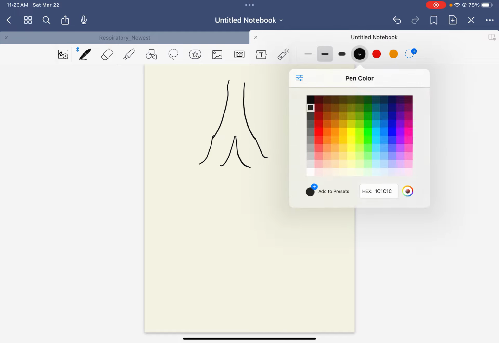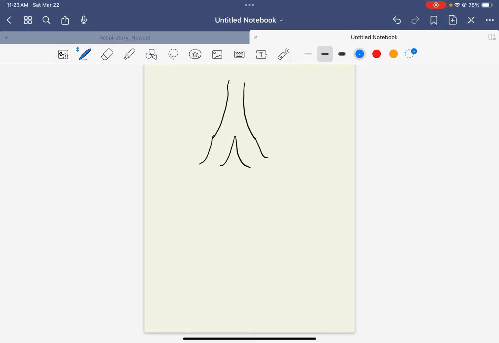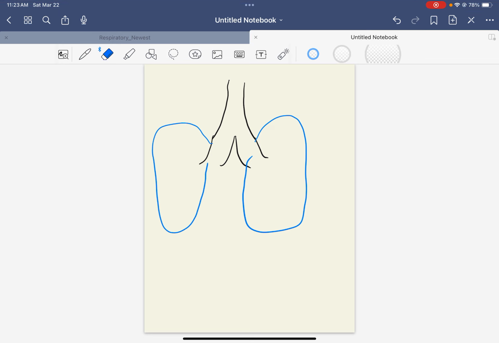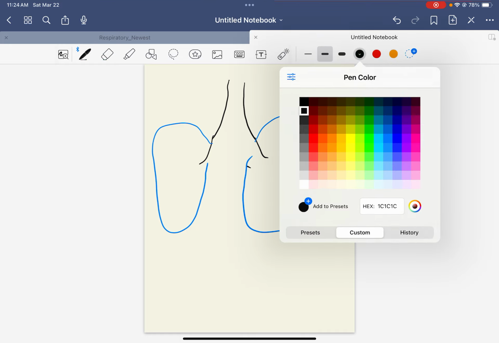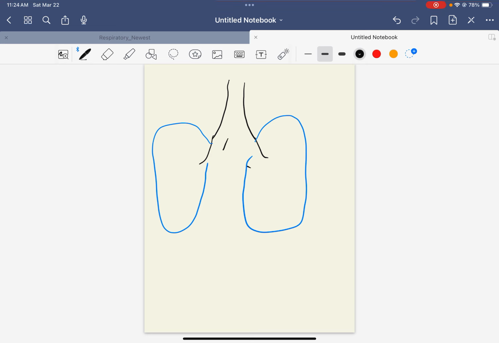Let me do lungs in blue. So here's one lung. Here's another lung. It's really bad. If nothing else, folks, you can have a good laugh at my expense.